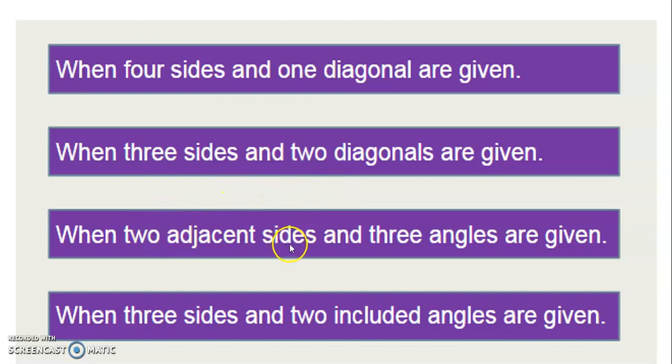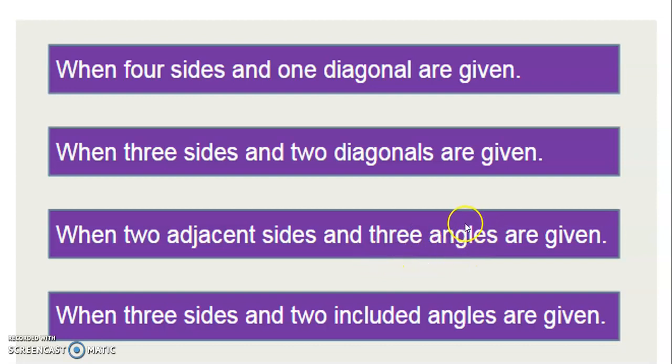When 2 adjacent sides and 3 angles are given. In these 2 models, even if we don't know the measure of one single angle, we are constructing here. Here only sides and diagonals are given. Here 2 sides and 3 angles are given.